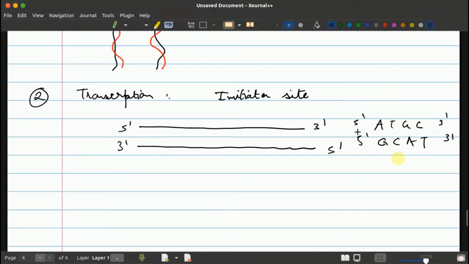Does it make sense? There is no duplicacy. Unless it's a palindromic sequence, there is no duplicacy. It's not duplicate. It is complement, reverse complement to be more precise.